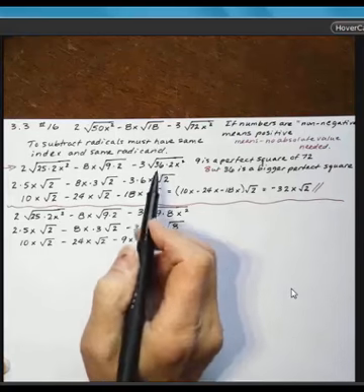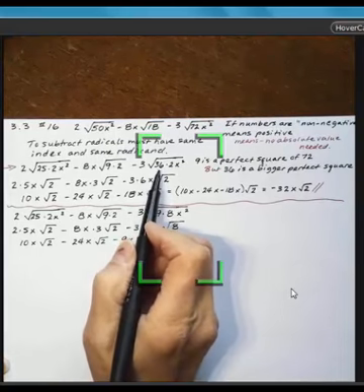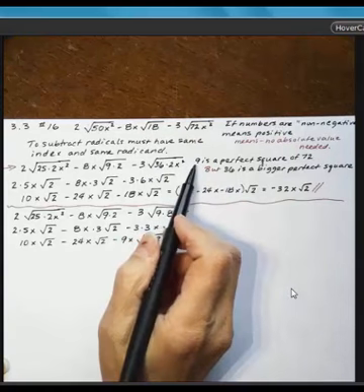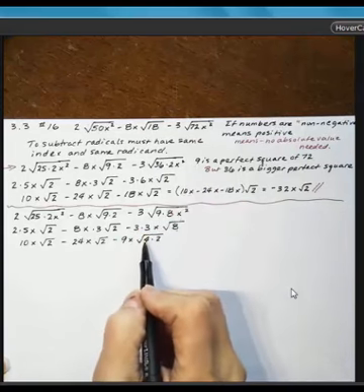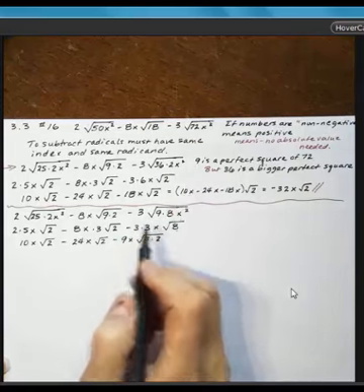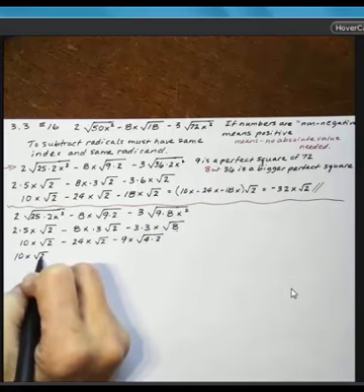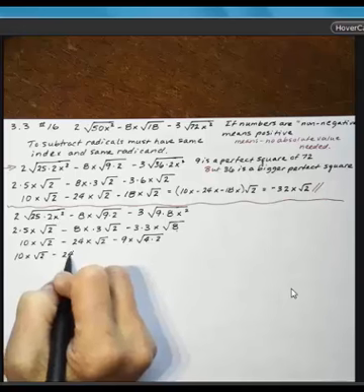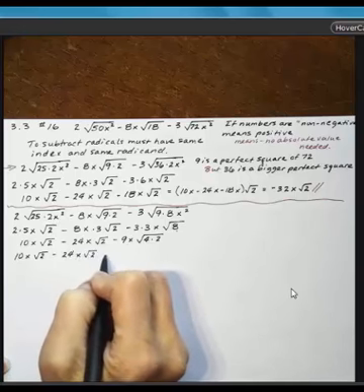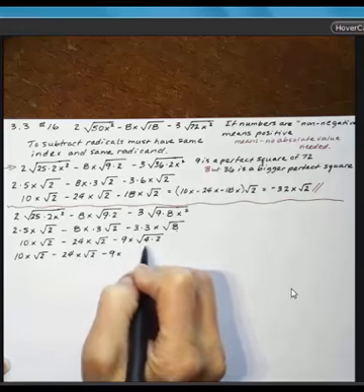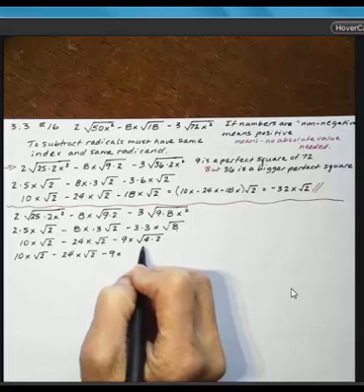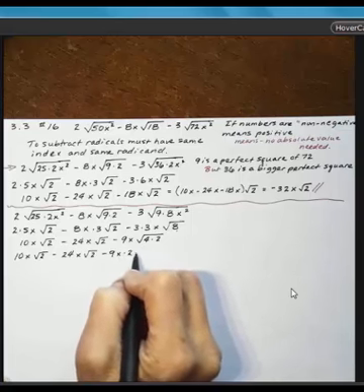So if you don't see that 36 is a perfect square, the biggest perfect square, and you found 9 instead, it just means you're going to need to do another step here. So I'm going to go ahead and finish up this step. We have 10x square root of 2 minus 24x square roots of 2 minus 9x times square root of 4, which is 2 square roots of 2.